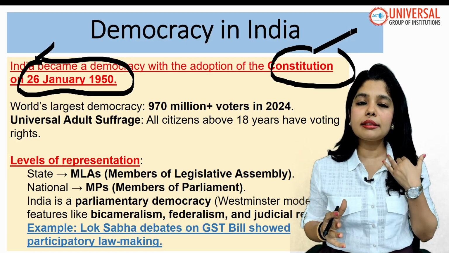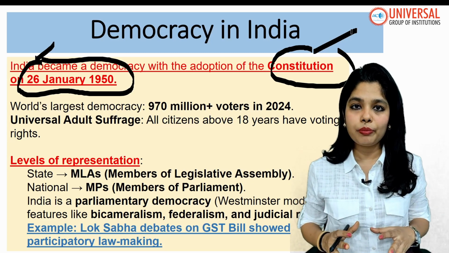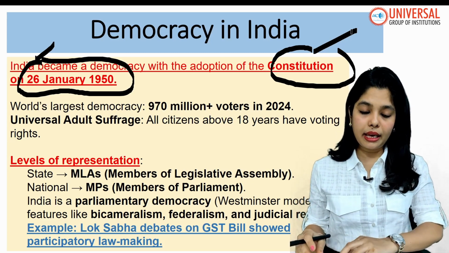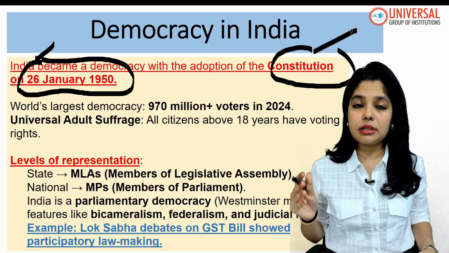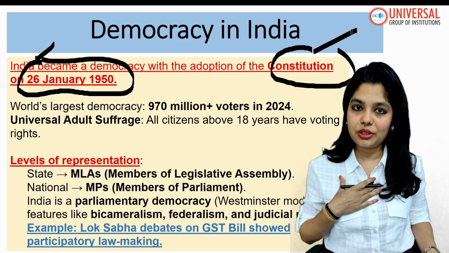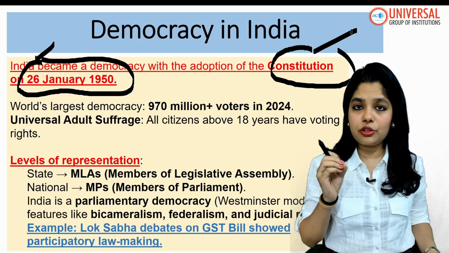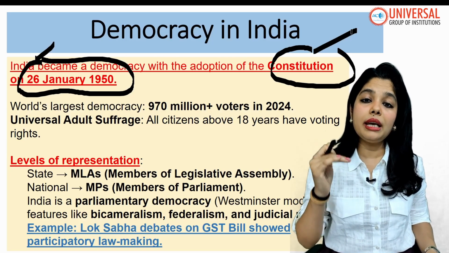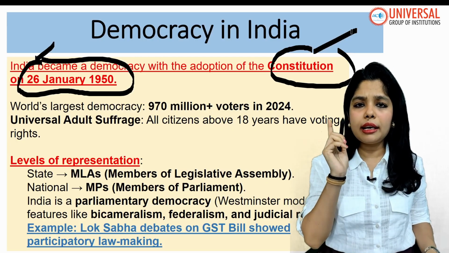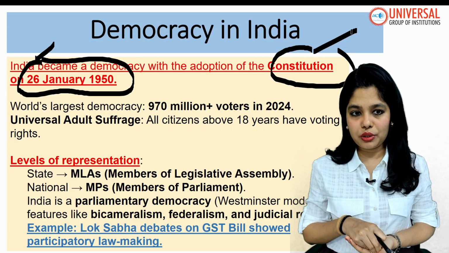What we have done is that our Constituent Assembly referred to many constitutions around the world, and from there we finalized our constitution. It took a lot of time, and finally on 26 January 1950 we came up with our constitution, and democracy was one of its basic pillars.